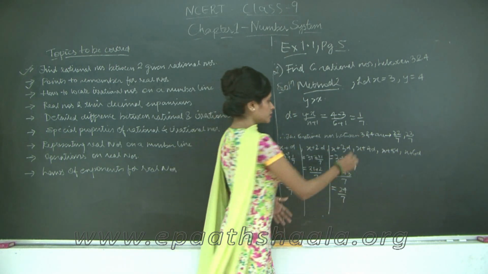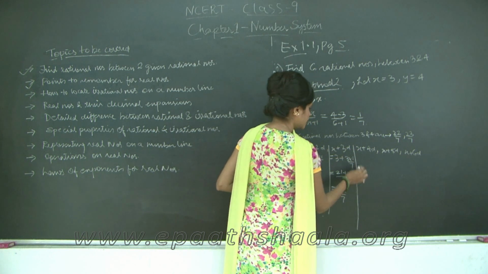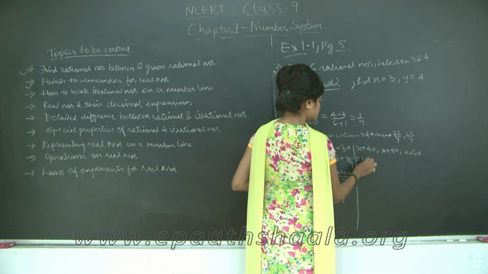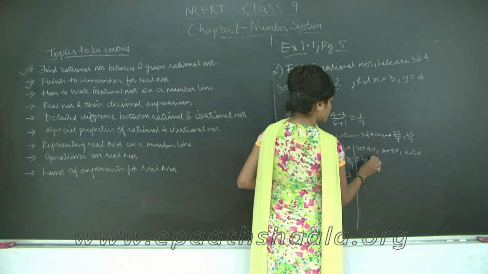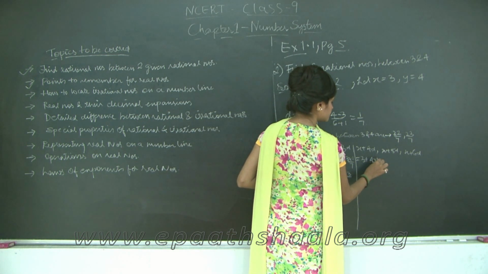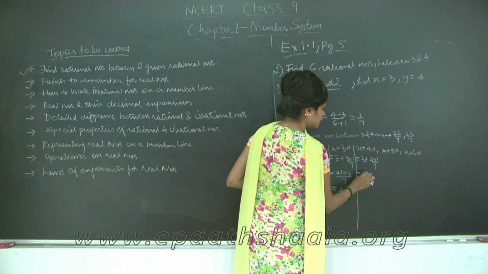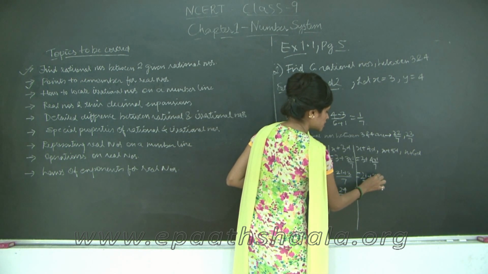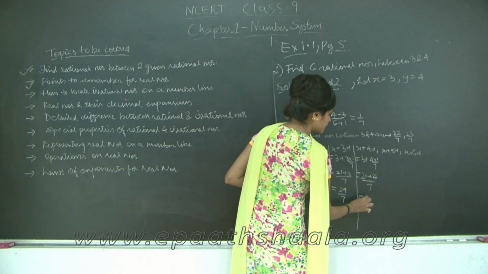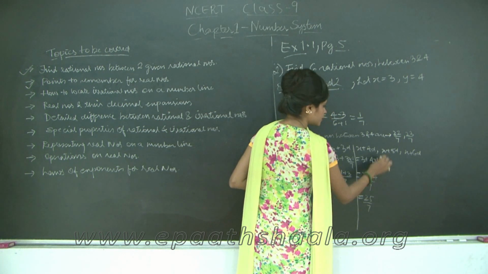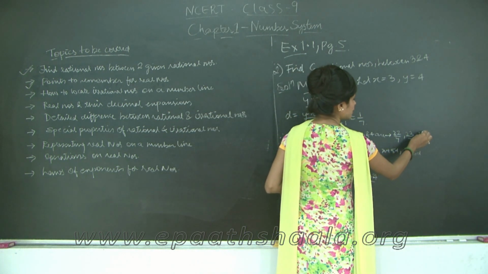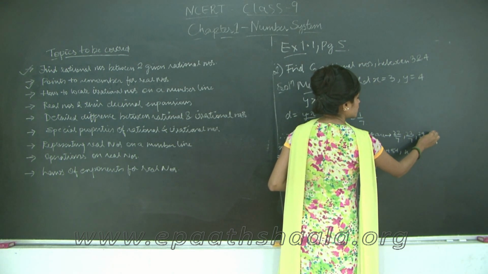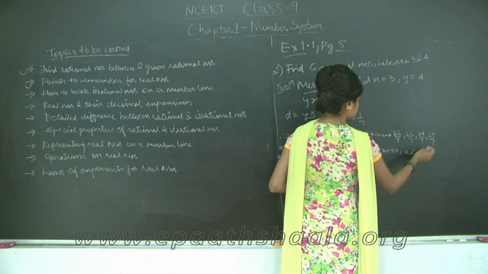But let us just find it out. Okay. So, this is going to be 3 plus 4 into 1 upon 7. So, 21 plus 4 upon 7, which is 25 upon 7, right? So, 23 upon 7, 24 upon 7, 25 upon 7, okay?